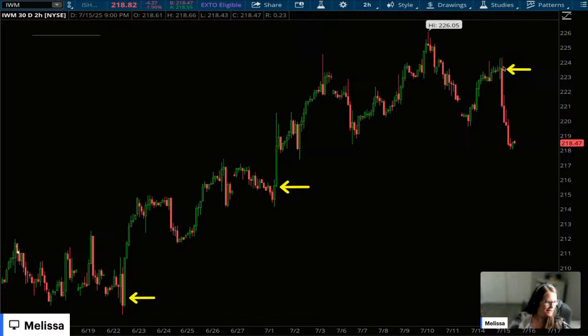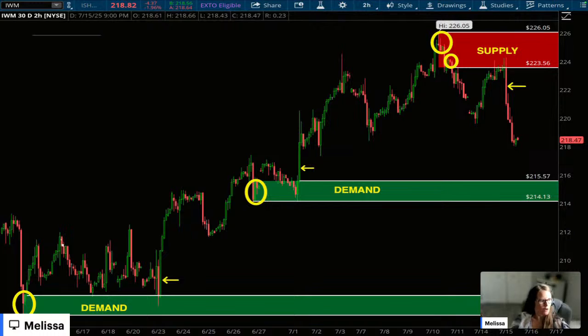Now, because price moved so sharply, they create great opportunities to either buy the dip or sell the rip. I'll show you on the next chart how I create zones based on these imbalance candles.